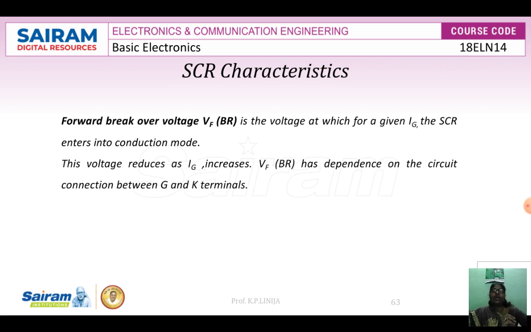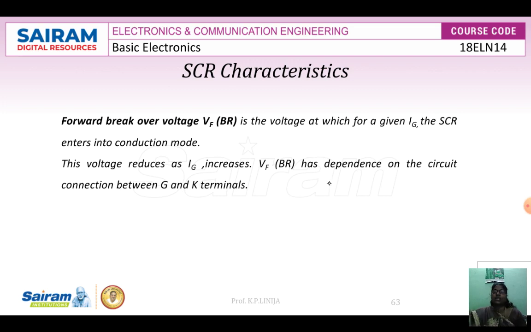The next is the holding current, which is represented by I suffix H. This current is nothing but the value of current below which the SCR switches from the conduction state to the forward blocking region.